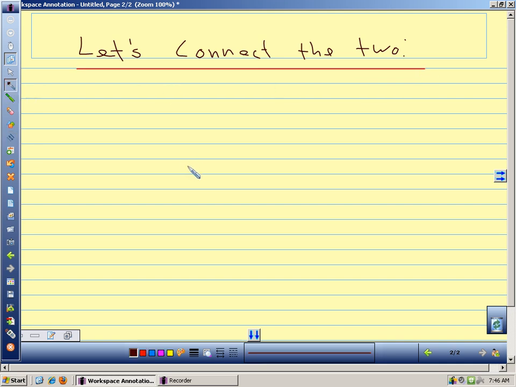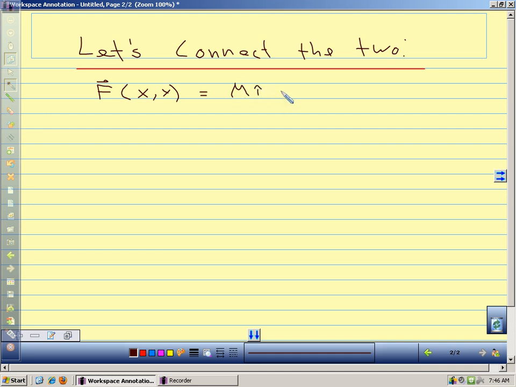We'll do the argument in the plane, and the extension to higher dimensions is just adding coordinates. We're going to use a notation, which we talked about before, that our vector F of x y is M i plus N j. We talked about this when we were talking about conservative fields and the curl.